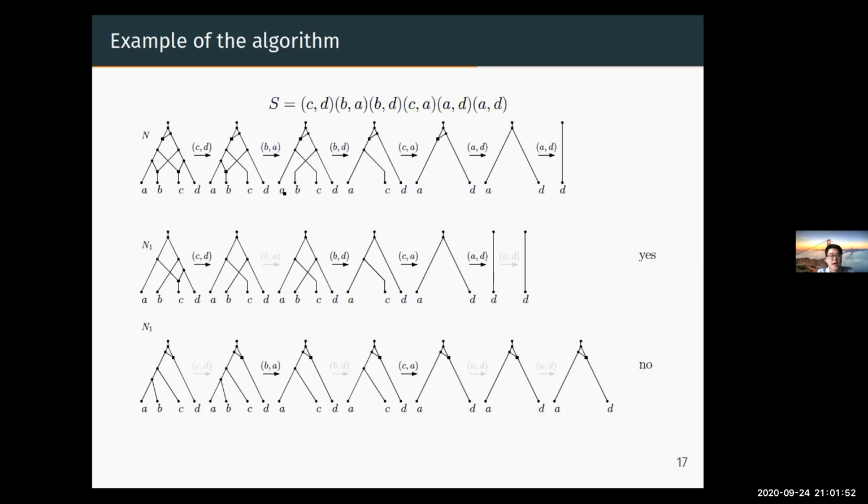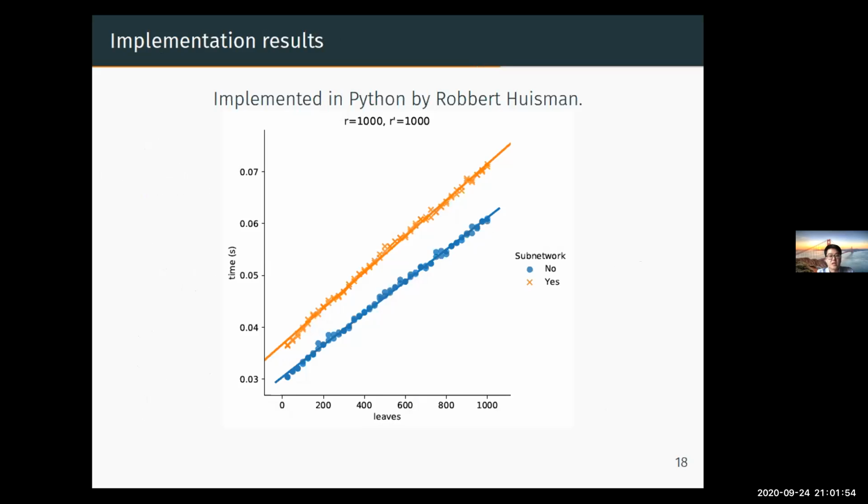We supervised a bachelor's student, Robert Hausman, and he improved our algorithm and also implemented it in Python. You can see that even for instances where the number of leaves is 1,000 and the number of reticulations is 1,000 for both the network and the subnetwork, the running time is very low. We ran yes instances and no instances.